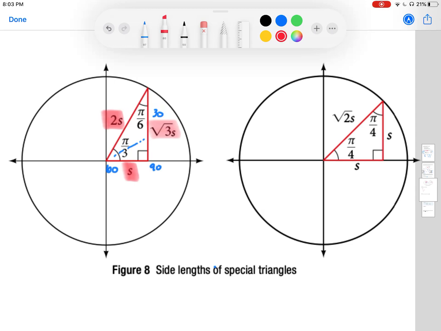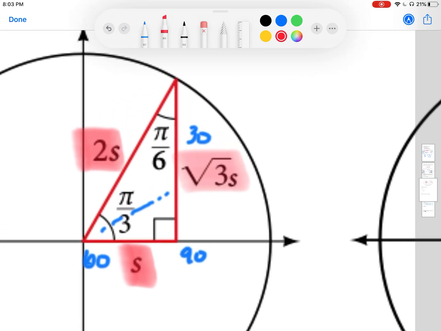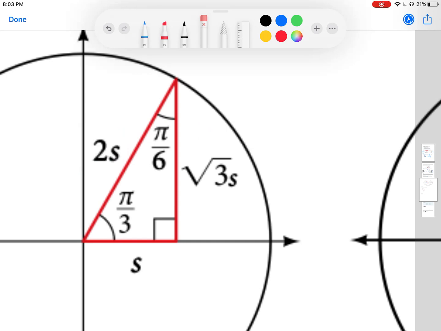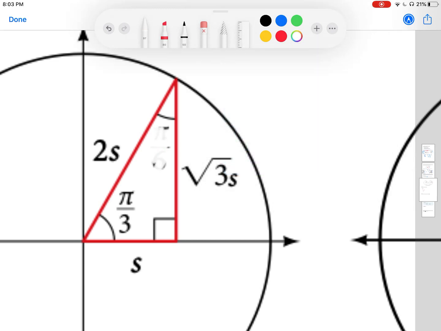So to erase all my markings to avoid confusion, I will erase those markings so that I can write degrees.